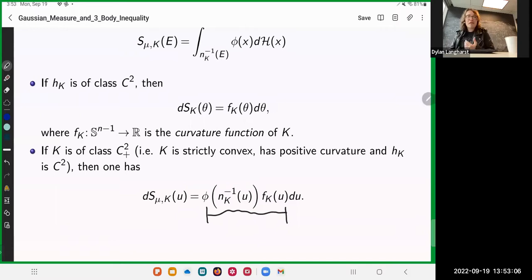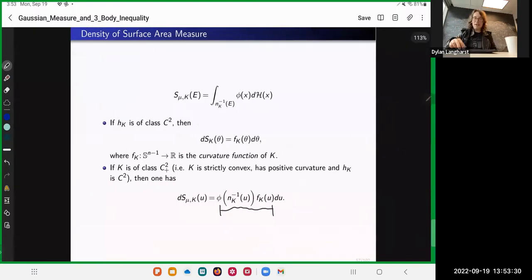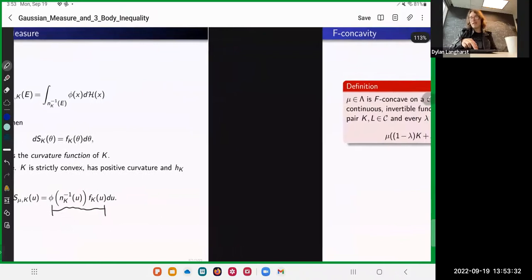Now, that sounds like a lot of requirements on our convex bodies, but believe it or not, you can uniformly approximate any convex body with a sequence of convex bodies that are C2+. So in application, it's okay to treat the Gauss map as a function that will have an inverse, because we can always approximate uniformly. Always is a strong word. You always say always until you actually try.